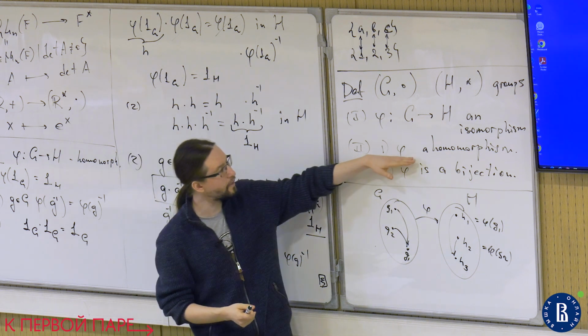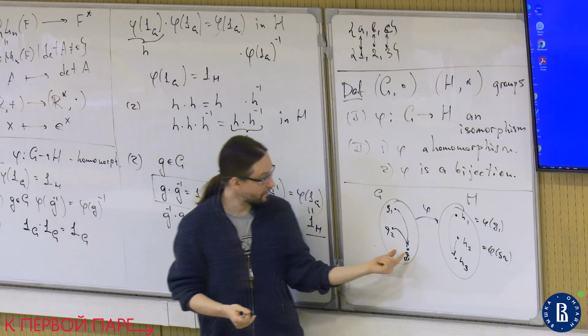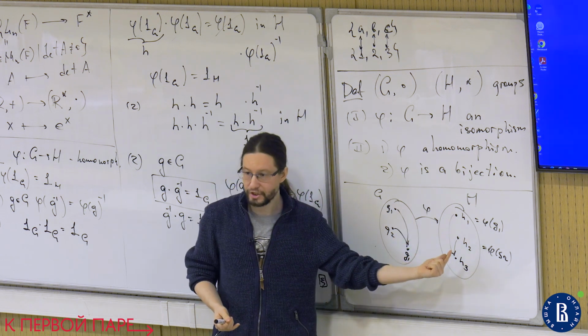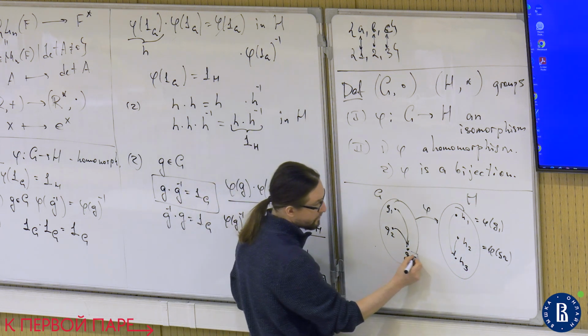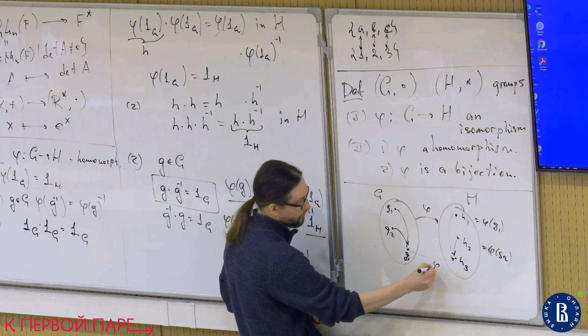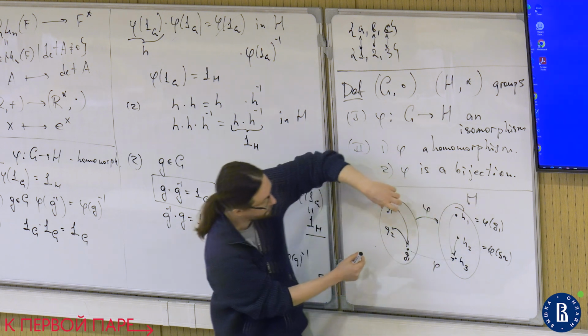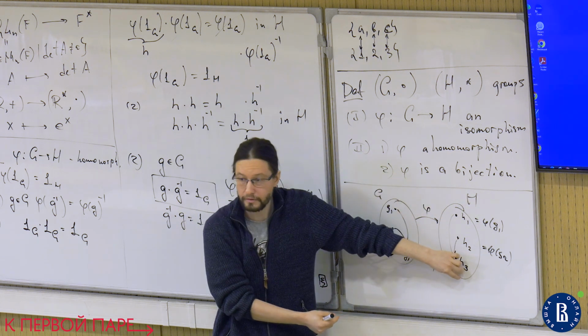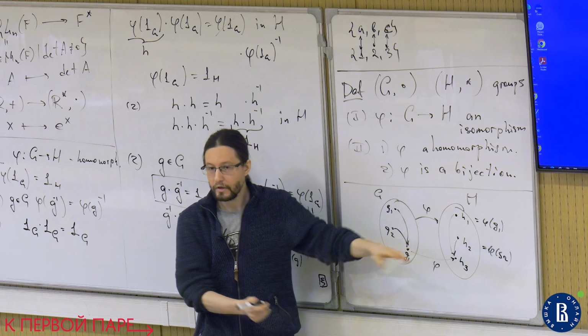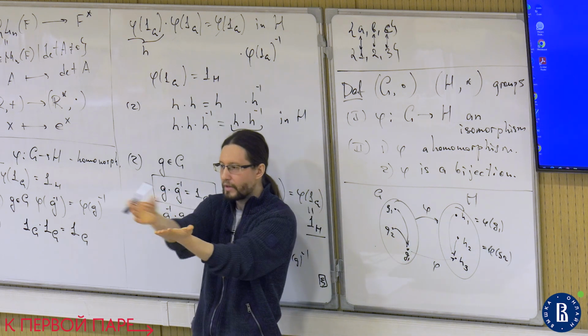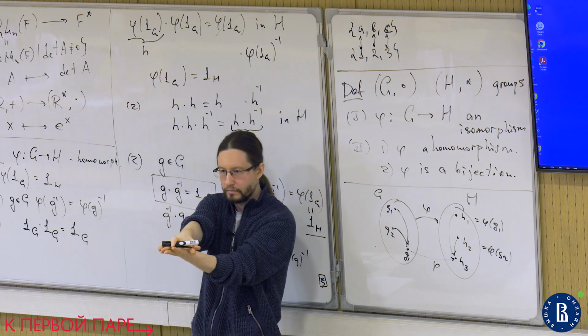So the fact that phi is a homomorphism means that this product corresponds to this product under the same bijection. So if phi takes this pair to this pair, then their product goes to the product of the other pair. So it somehow means that when you identify two sets, one operation becomes another one.